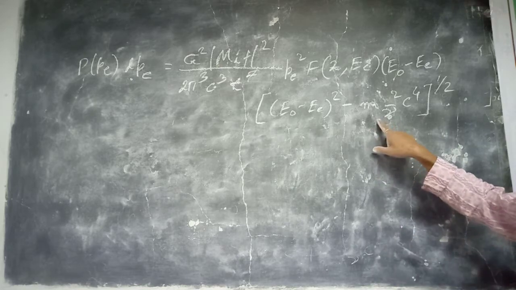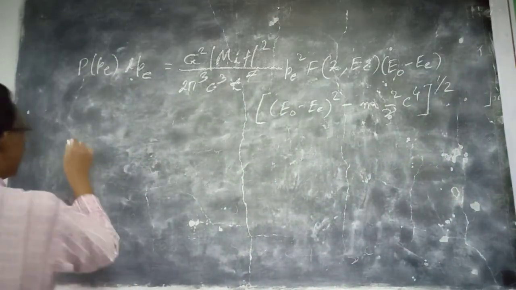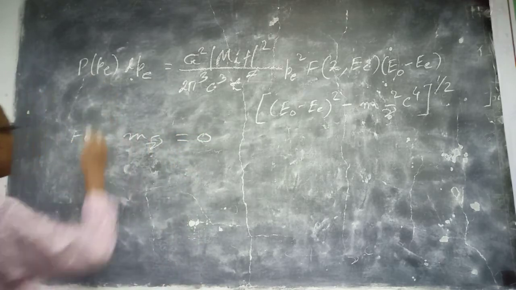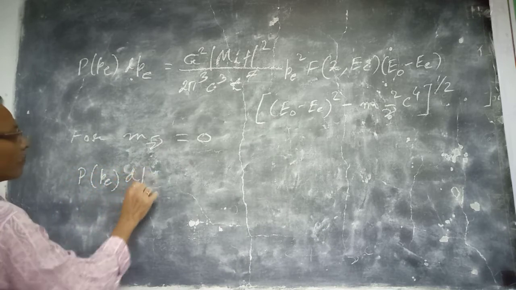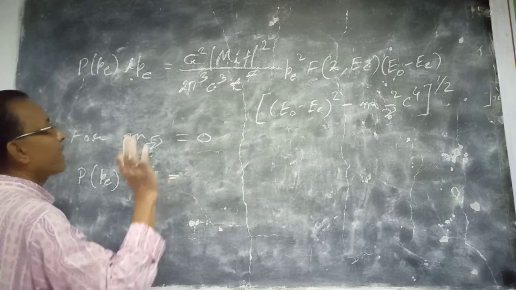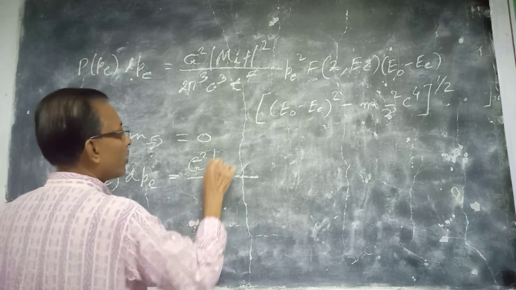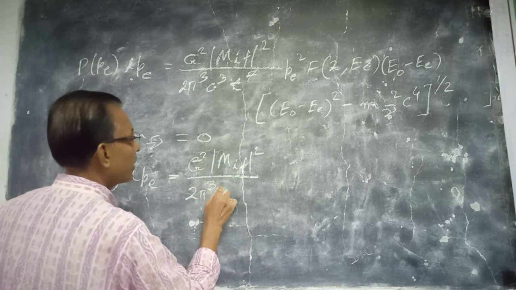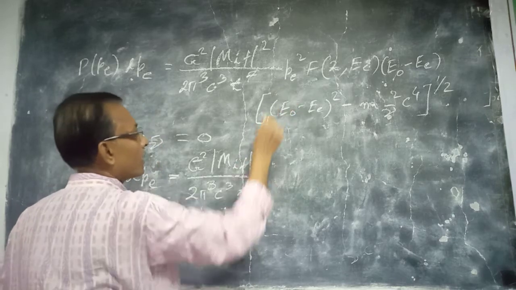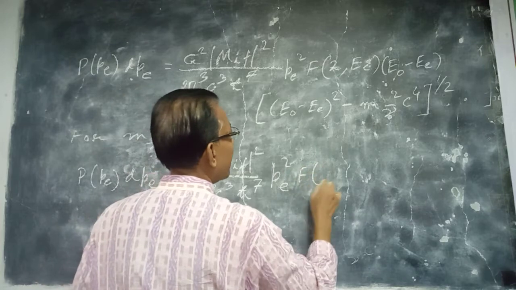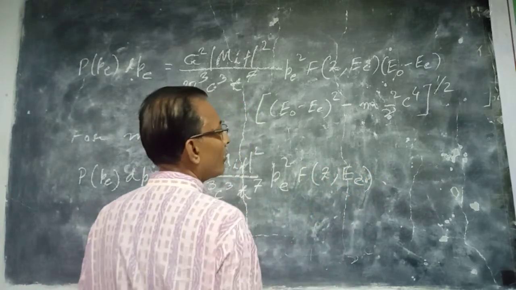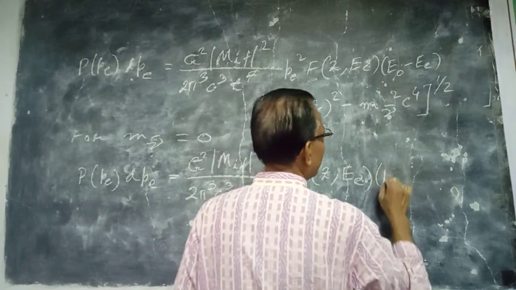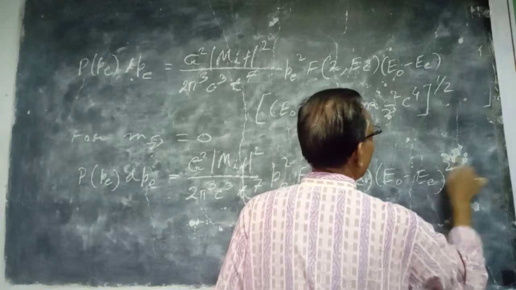If we consider the neutrino rest mass to be 0, that is m nu bar equal to 0, then this equation becomes the partial probability of the decay of the electron into any one of the final states: G square M_if mod square by 2 pi cube c cube h cross to the power 7, p square F(Z, E), and here it is 0, so you get the power half, therefore E0 minus E whole square.